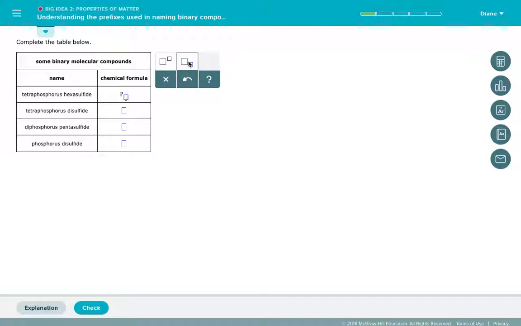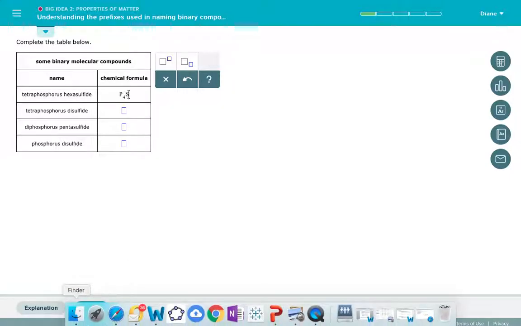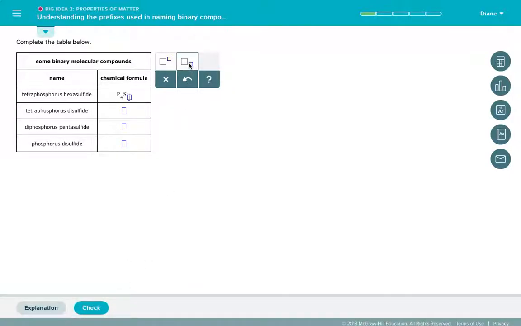Tetraphosphorus hexasulfide, hex is 6. Tetraphosphorus disulfide, di is 2. Diphosphorus pentasulfide, phosphorus disulfide.